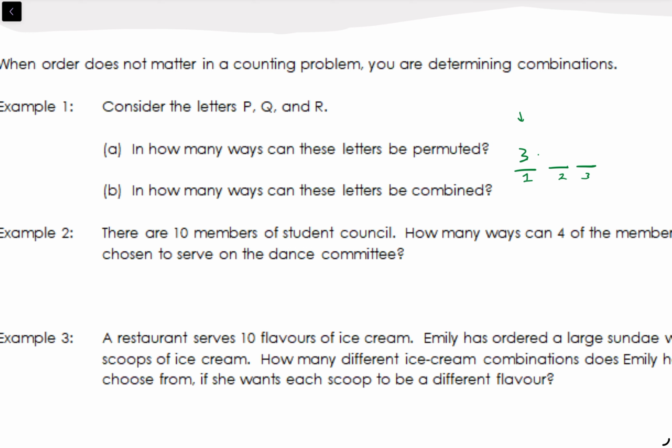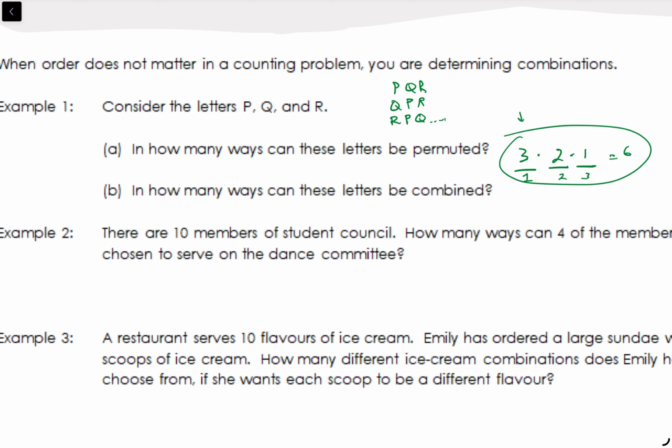We have three choices for the first, two for the second, and one for the last. So there are 6 ways. PQR is distinct from QPR, which is different from RPQ, and so on. So order really does matter.